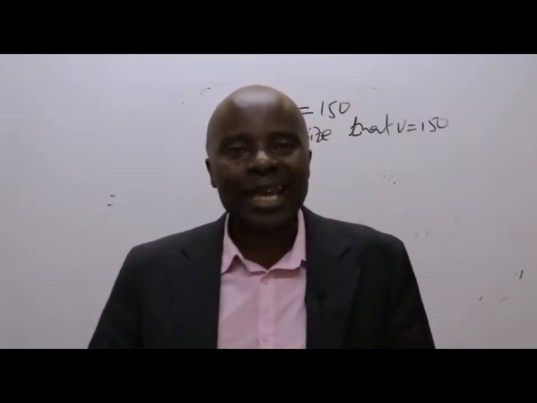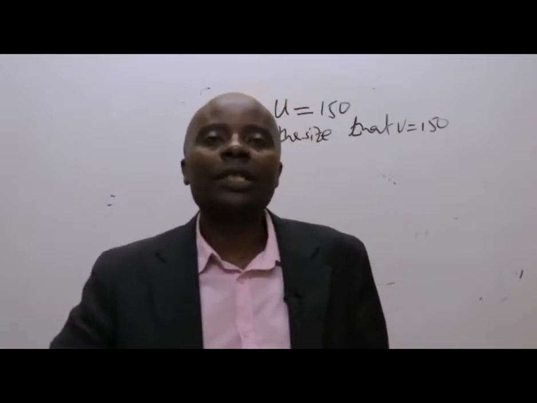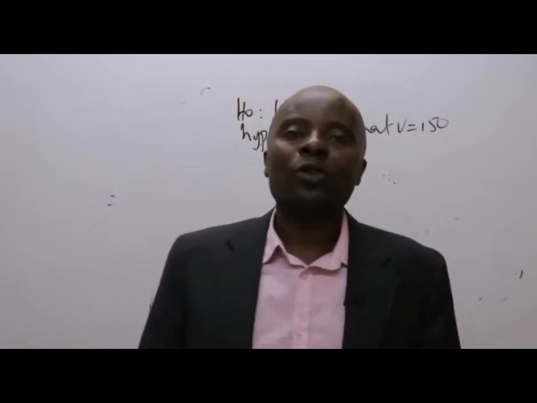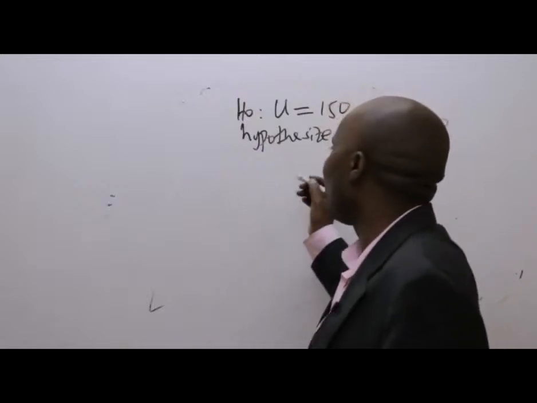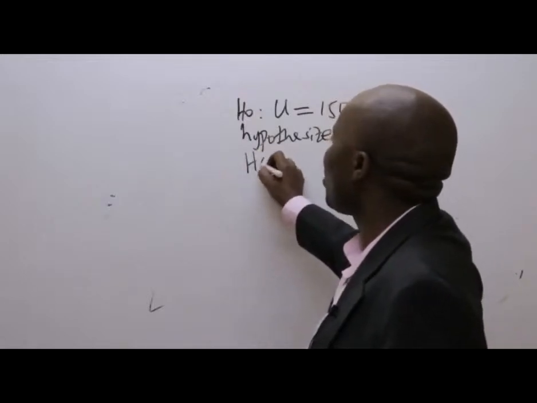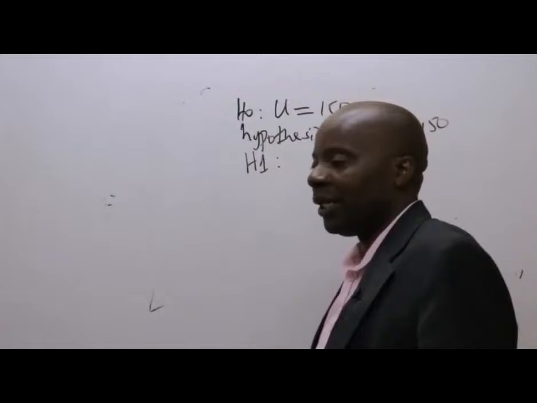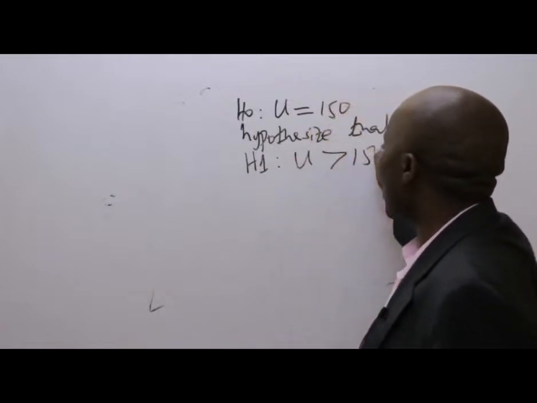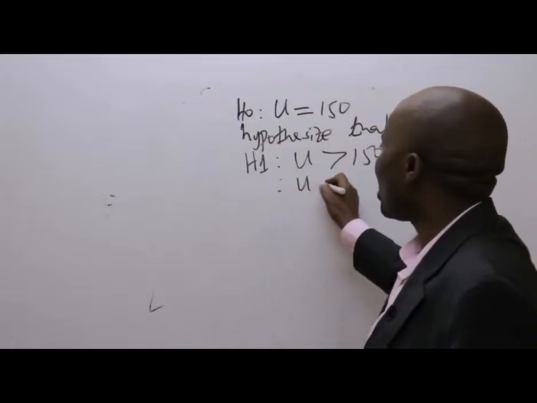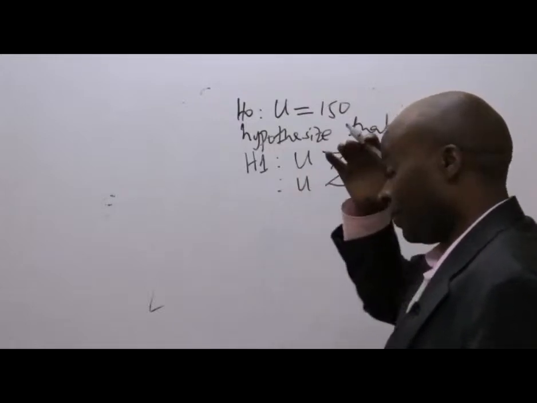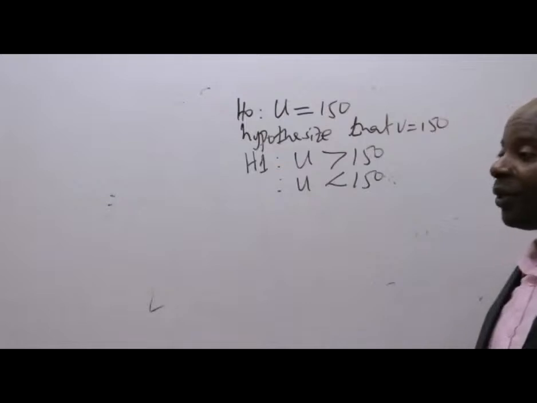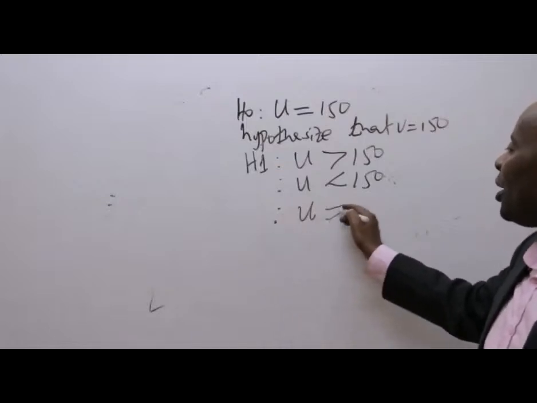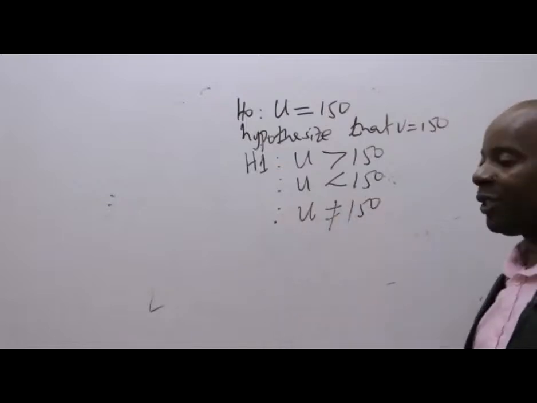And for us to test this, we need an alternative. So for the alternative, listen to me very well. For the alternative, which we'll be calling H1, there are three possibilities. It is either you will tell us u is more than 150, or you tell us u is less than 150, or you tell us u is not equal to 150.